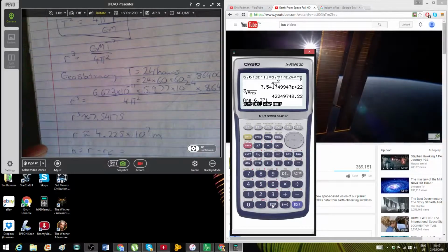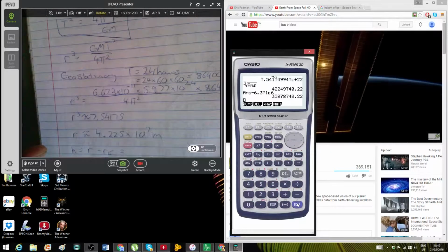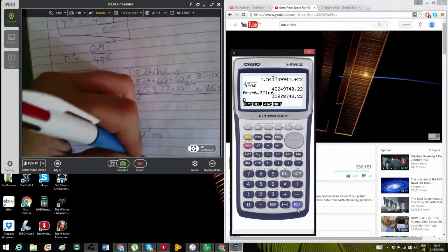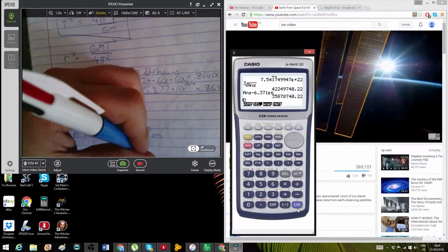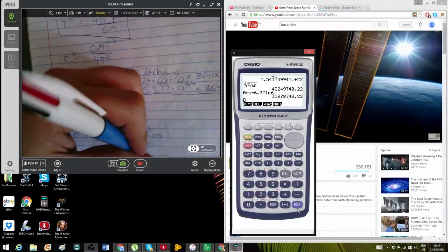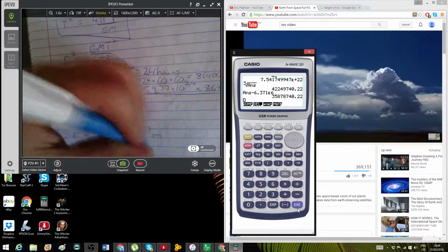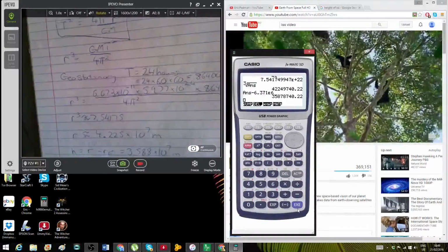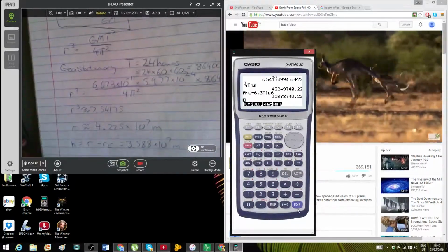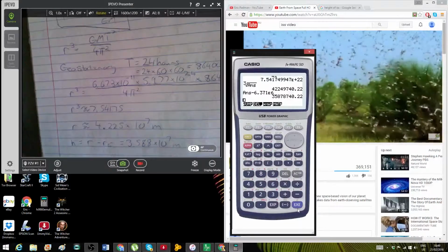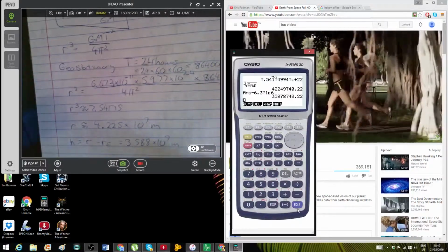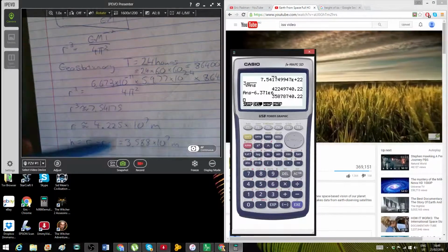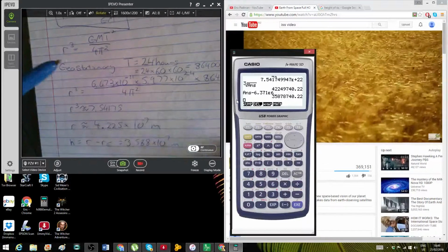So the height above the Earth is 3.588 times 10 to the 7 meters above the ground. That's where you find the geostationary satellite. It'll be that high above the ground, and that has consequences in terms of what you might use the satellite for. But those are the major derivations for this chapter.